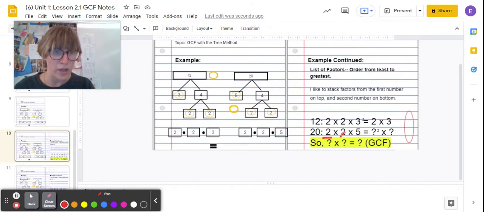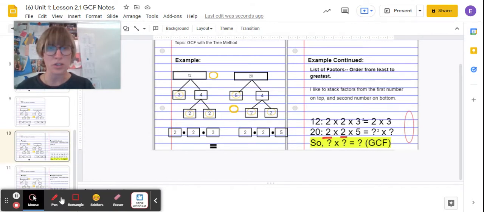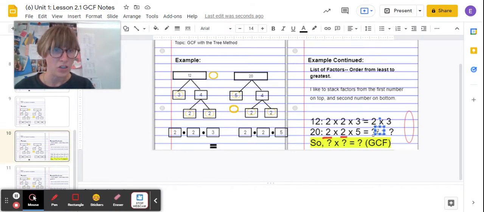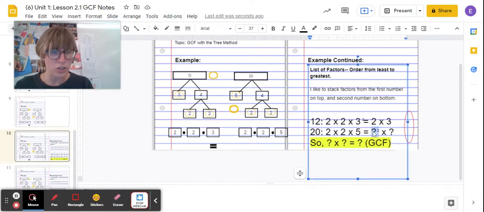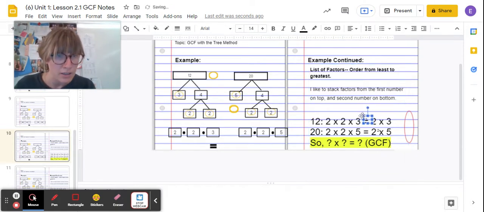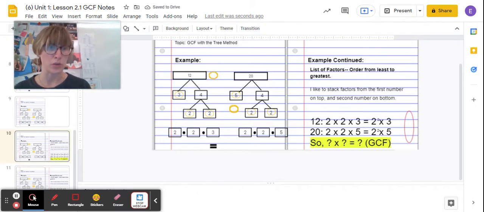Well, yeah, here we have 2 and 2, which are the same. 2 times 2 is the same thing as 2 times itself twice, or 2 to the second power, and then times 5. Those are the unique strings. Only the number 20 has this string of 2 to the second power times 5, and only the number 12 has this prime string of 2 times 2 times 3, or 2 to the second power times 3.